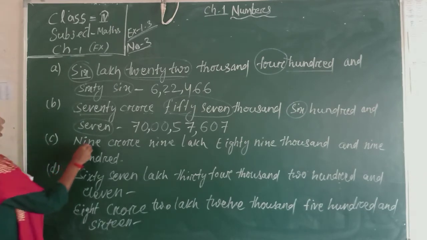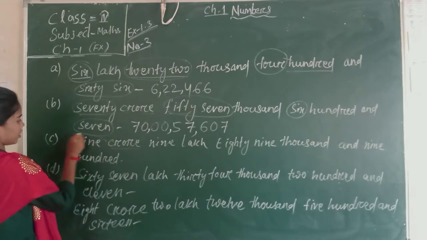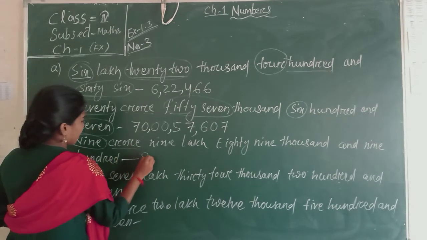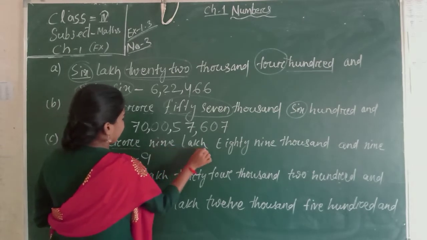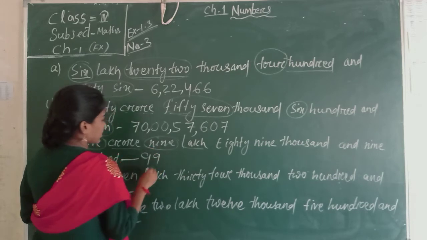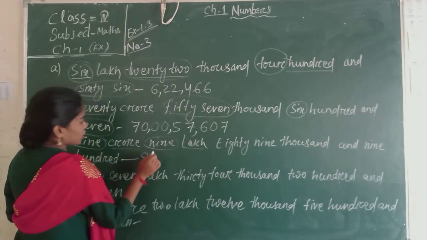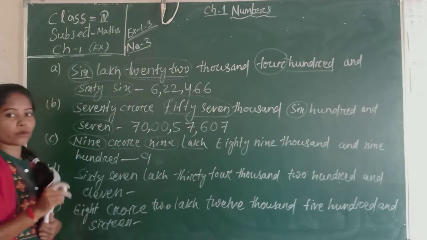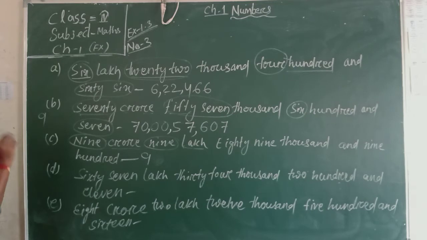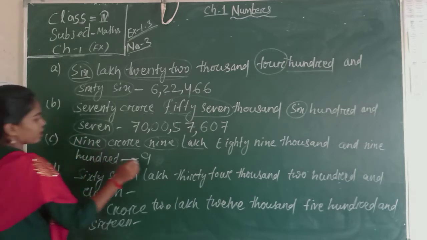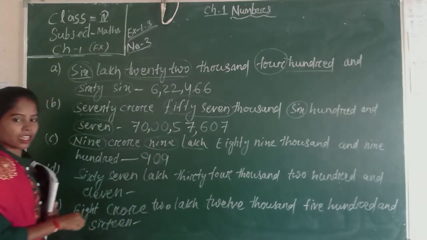Here in the crore period there is 9, so write down 9 first. Okay, next after crore there is lakh, and in lakh also there is 9, but in the lakh period we have 2 places, so 9 is a single digit, but in the lakh period there must be 2 digits. So first put a 0 before the number, then we get 09 lakh.